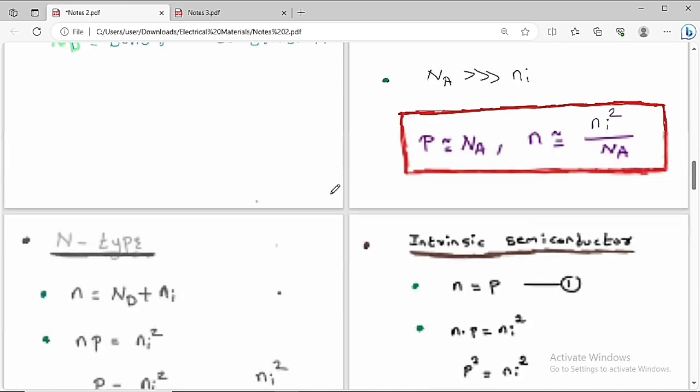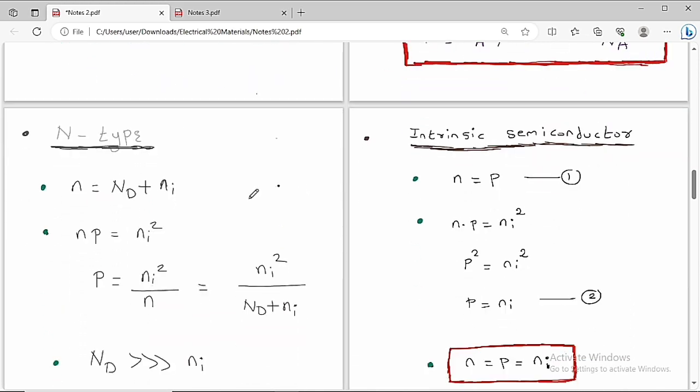Okay? Now let's go about the N type of semiconductor. If you keep the N type of semiconductor at 0 Kelvin, what is going to happen? At 0 Kelvin, Na is equal to 0, but Nd is there still. So n is equal to Nd. If Nd is there, it means some donor atoms are there.